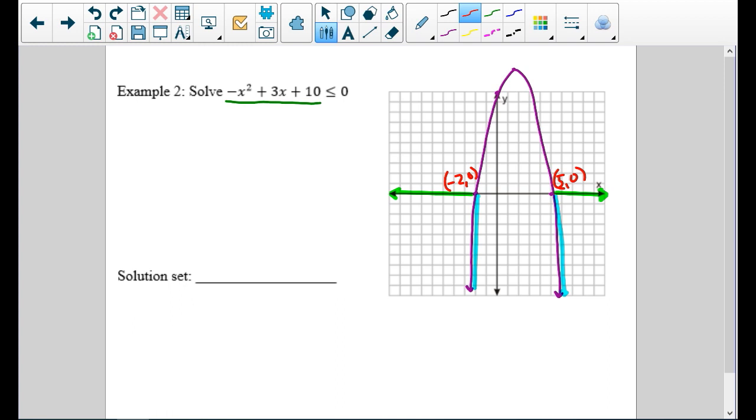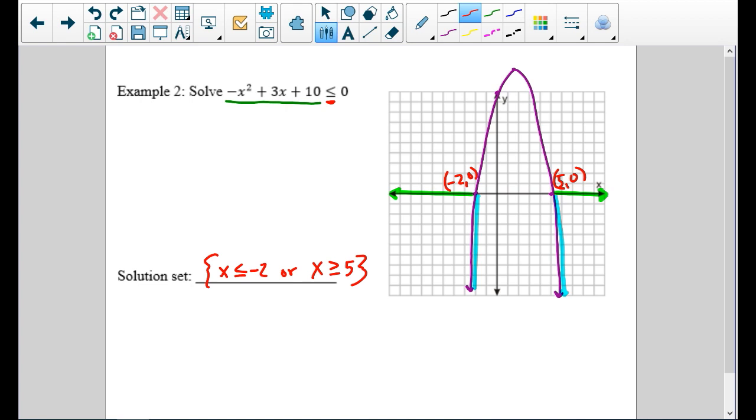Okay, so now we have an OR statement. You can always do those squigglies. So x here is less than or equal to, because our symbol up here has equal to. So x less than or equal to negative 2, or x greater than or equal to positive 5.